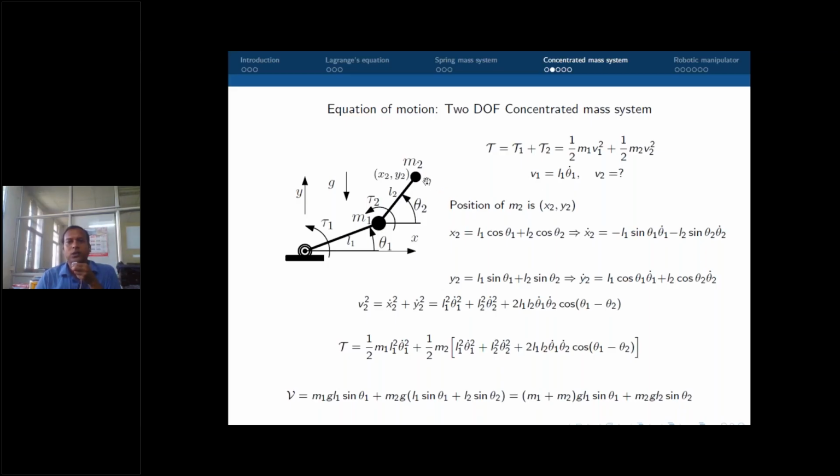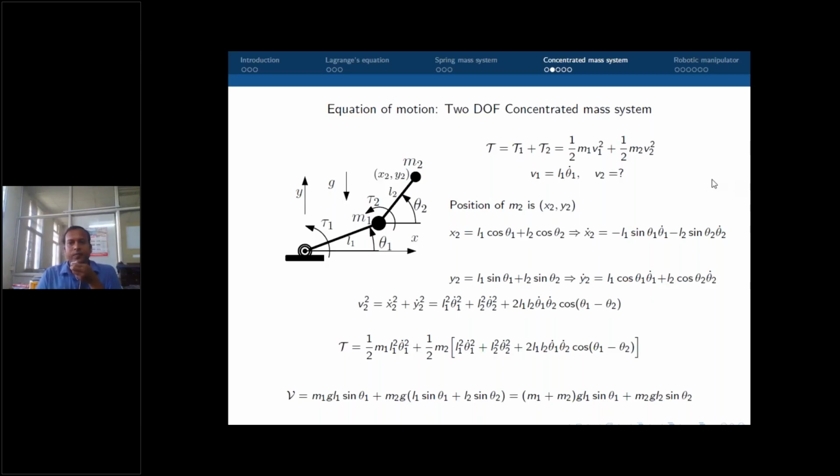But what is the velocity of mass 2? This is not straightforward. The velocity of mass 2 is the velocity of mass 1 plus the velocity of mass 2 with respect to mass 1. That is the total velocity of mass 2. There is another way to find this velocity.